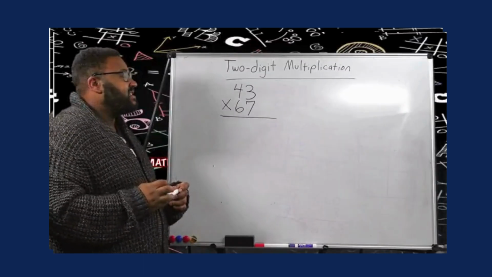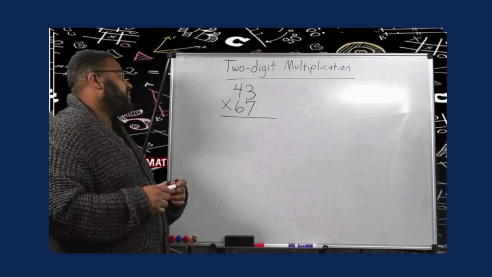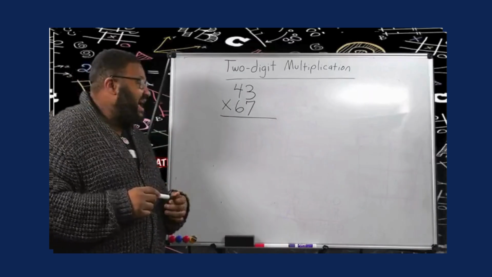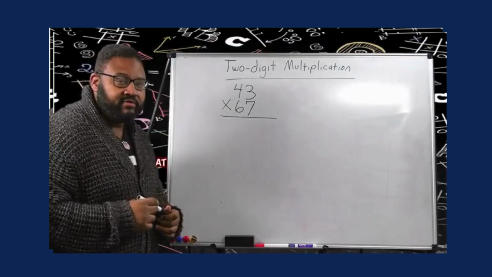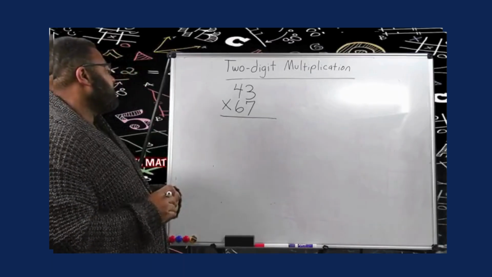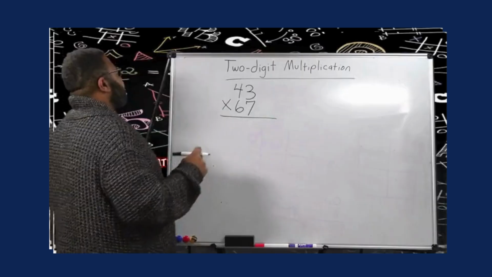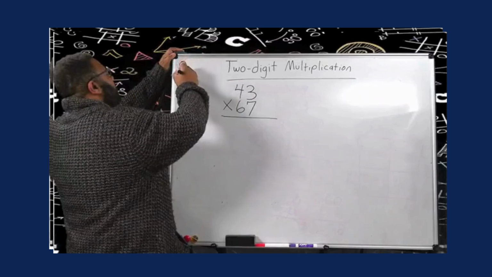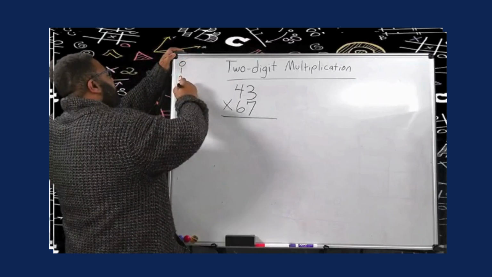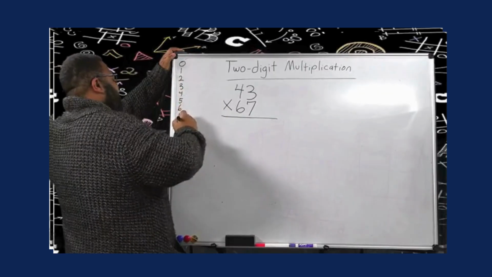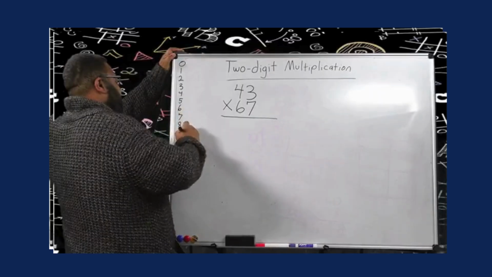43 times 67. I'm in trouble, folks. I don't know my sevens very well. Wink, wink. So, of course, the first thing I'm going to do is a pick and choose chart for my sevens. Simply put, 0, 1, 2, 3, 4, 5, 6, 7, 8, 9.